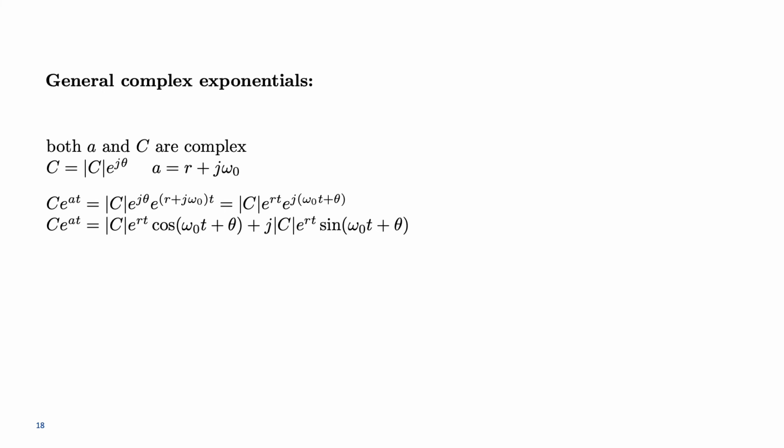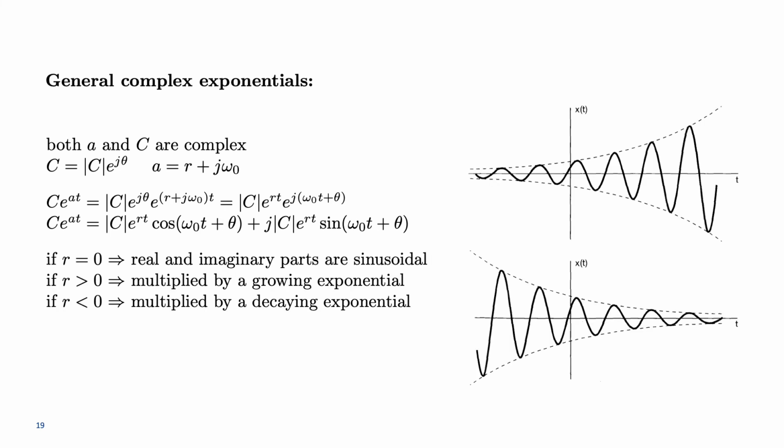Notice that depending on the nature of r, we will find ourselves in different cases. Let's see which ones. So if r is 0, then we have a special case where the real and imaginary parts are sinusoidal. They are perfectly sinusoidal. Okay? It's what we saw before.